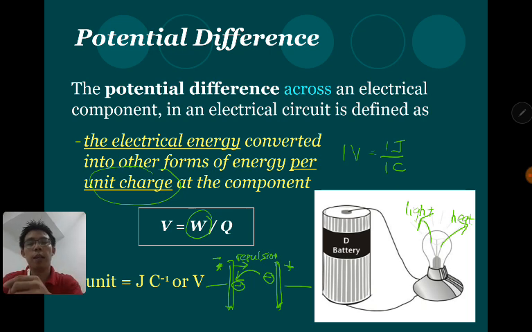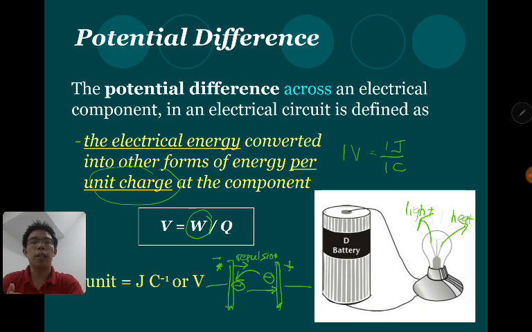So it can recover this energy. It can use this 5 joule to do work. For example, once you release it, it will move back to the positive plate, because it has that energy. It will make use of that 5 joule of energy to go back to the positive plate.